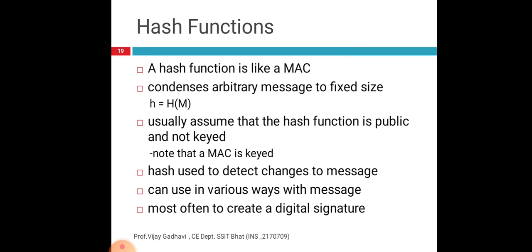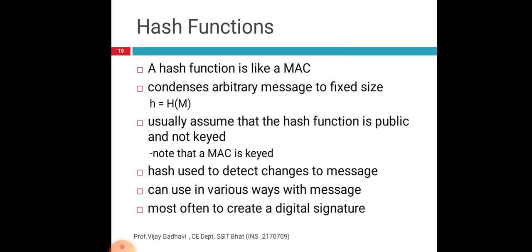This is the efficiency of a hash function. The other efficiency is computational: hash functions are much faster than symmetric encryption. You remember this? Computationally, hash functions are much faster than symmetric encryption.